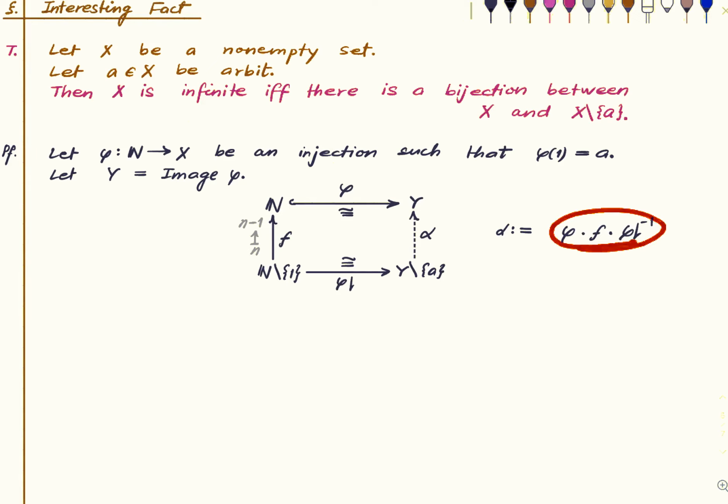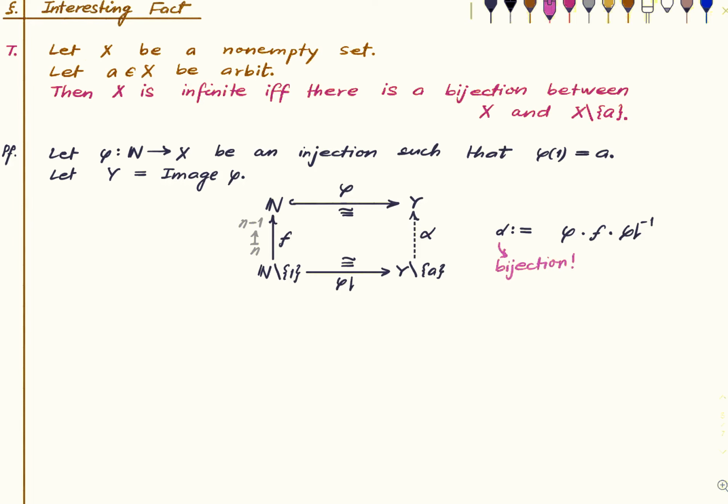So first you go this way. Since this was a bijection, you can go in the other direction also. Just reverse this arrow. You go this way, then you apply f, and then you go that way. That is the map alpha. Now since this is a bijection, that is a bijection, and that is a bijection, this is also a bijection. So alpha is a bijection.